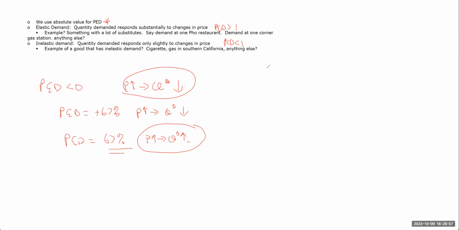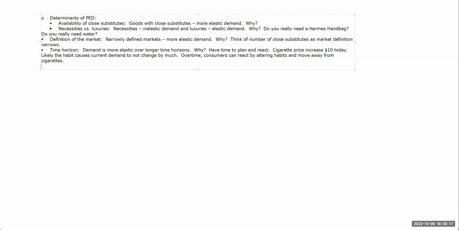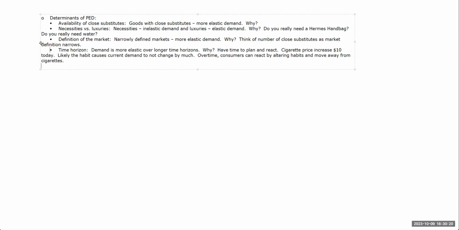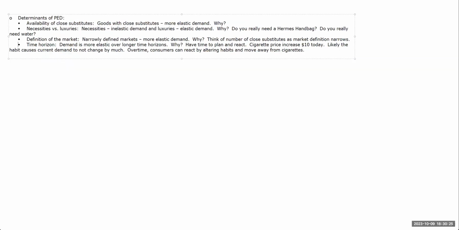All right, now we're going to talk about different determinants of PED, specifically what can cause PED to be calculated differently. Let's do that. Availability of close substitutes. For goods with close substitutes, PED is calculated to be a larger number; you'll have more elastic demand.